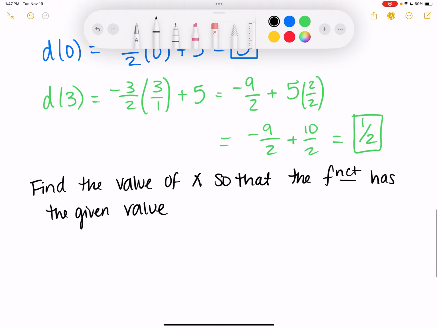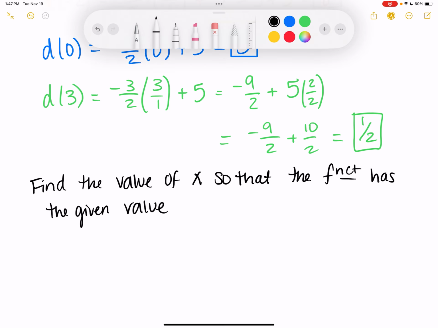So they're going to give you a function, and then they're going to do like a semicolon, and they're going to give you a number.